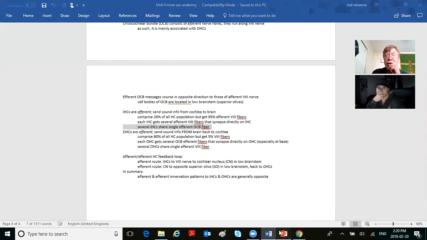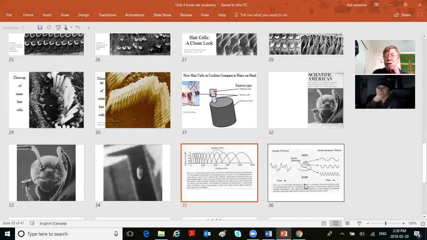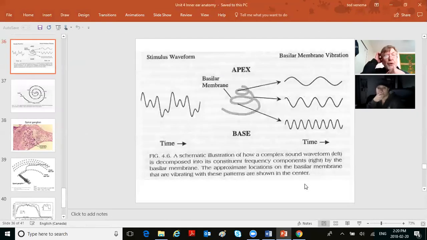And if I look at this in terms of a PowerPoint slide, I may have it. Oh, this picture is a nice one showing you that the cochlea is tonotopic. Okay, low frequency sound waves, apex of the cochlea, mid frequency, middle of the cochlea, high frequencies toward the base of the cochlea.